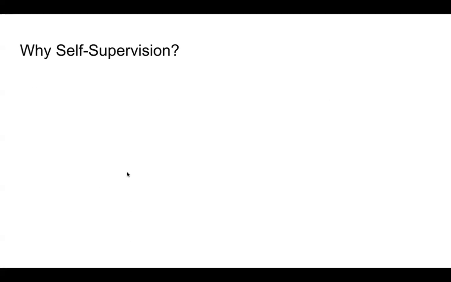Okay. So the question is, why do we need this self-supervision? The first reason is that supervised tasks require a vast amount of labeled data, and getting labeled data is not always very easy. It's time consuming, it's resource consuming.